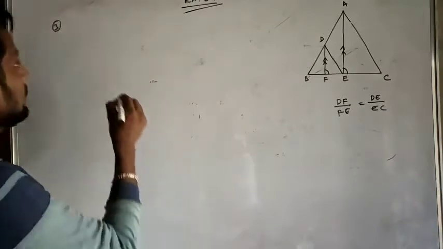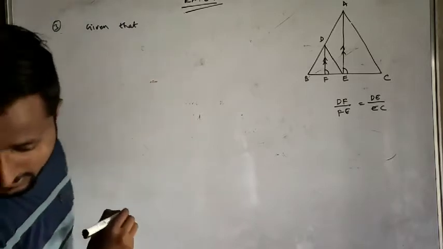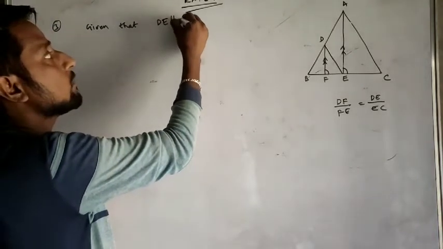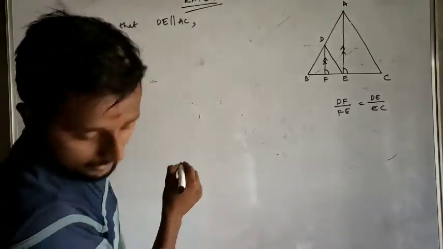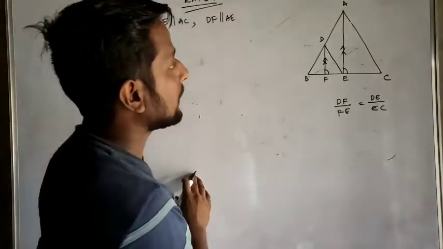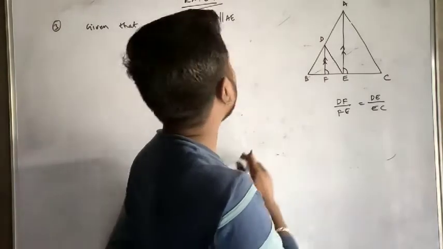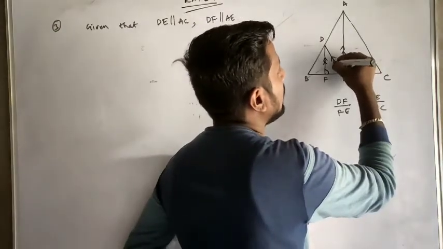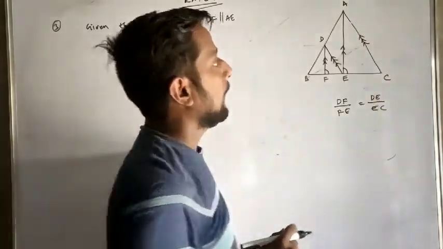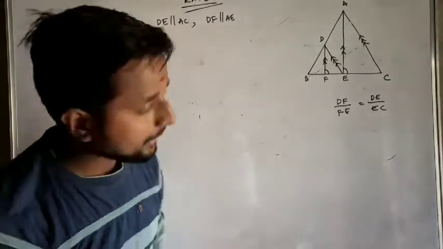Given information is: DE is parallel to AC, DF is parallel to AE. We will mark this. DF parallel to AE, DE parallel to AC, this one. Three arrow marks and three arrow marks. Right. So what will we do now? Simple, we'll mark it.